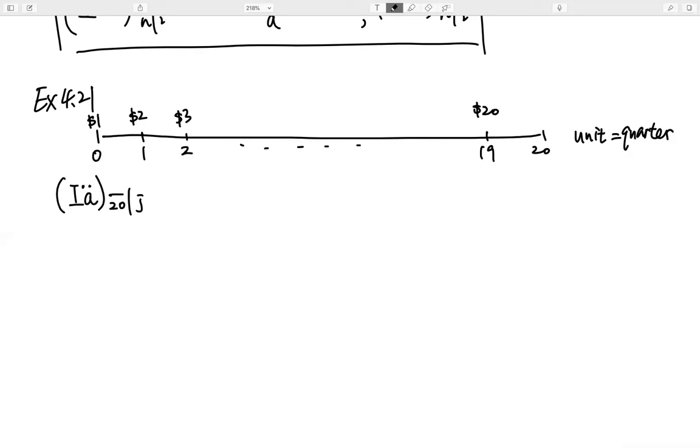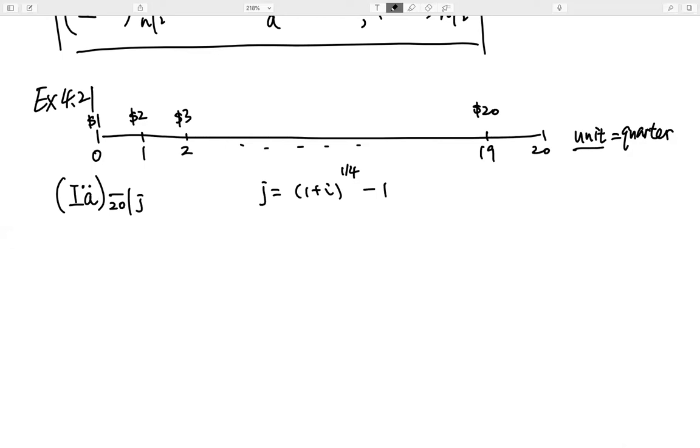So let j be the effective interest rate per quarter. Of course, we already did j. j is 1 plus i to the 1/4 minus 1. So this is the effective interest rate per unit period, in this case per quarter, the quarterly interest rate. Then you already know, right?